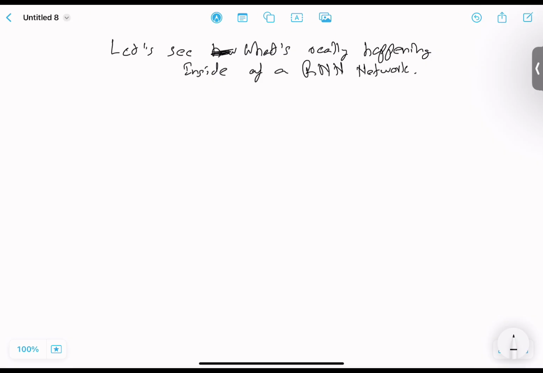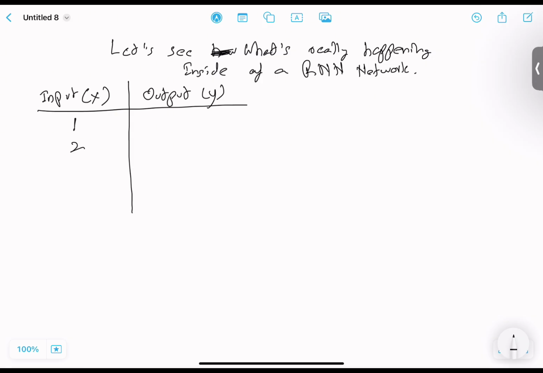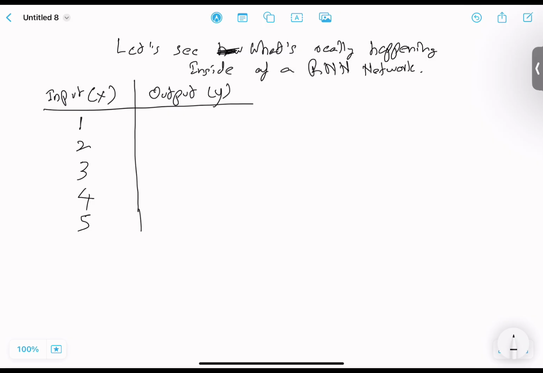We have input, which we will call X, and the output, which we will call Y. Let's say the inputs are 1, 2, 3, 4, 5 and so on, and the outputs will be 1 plus 2 is 3, 2 plus 3 is 5, 3 plus 4 is 7, 4 plus 5 is 9.